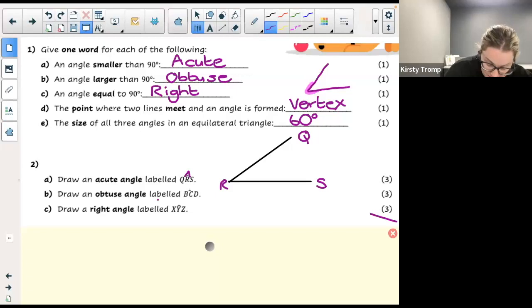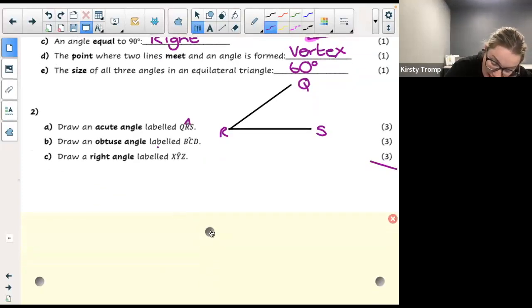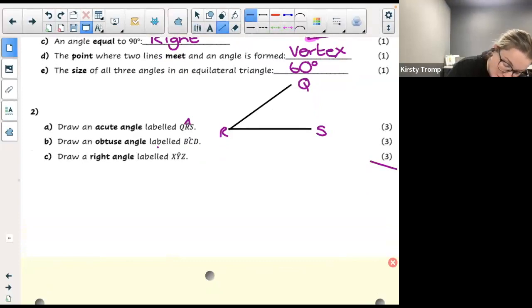All right, next one. Draw an obtuse angle and label it BCD. Have they told us how big that obtuse angle needs to be? No, they haven't. So if they haven't told us how big that angle needs to be, it needs to be bigger than 90 degrees because it's an obtuse angle.